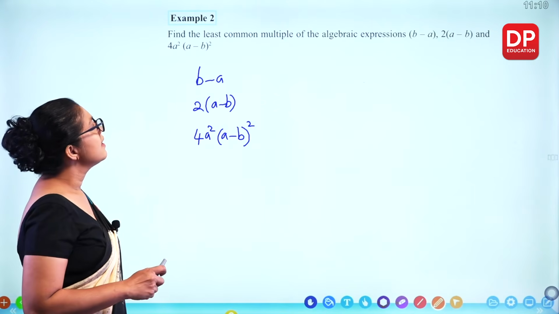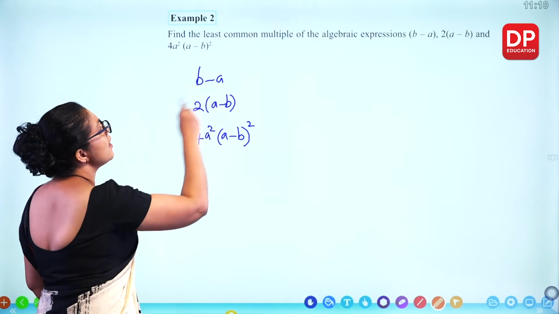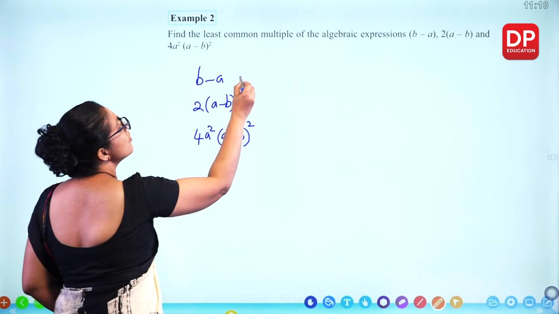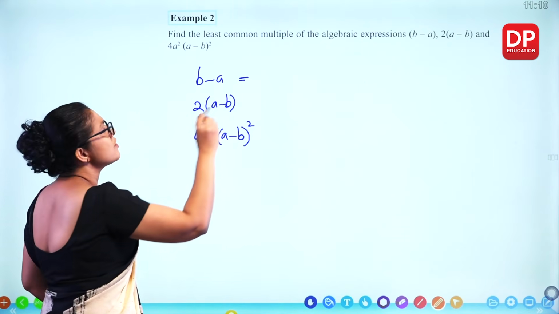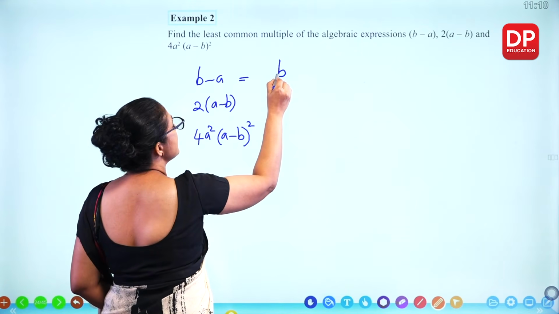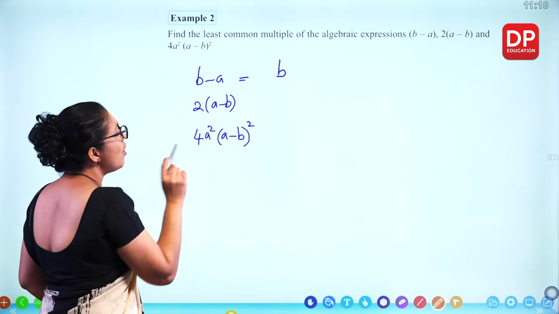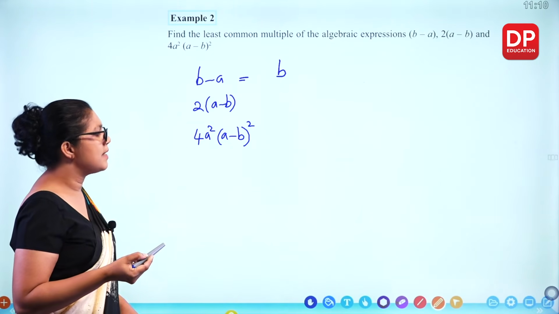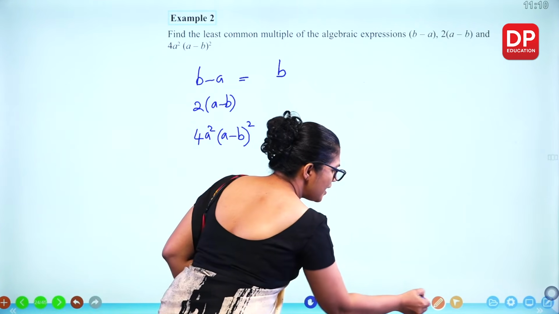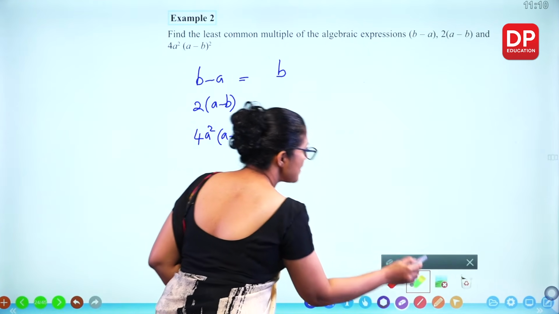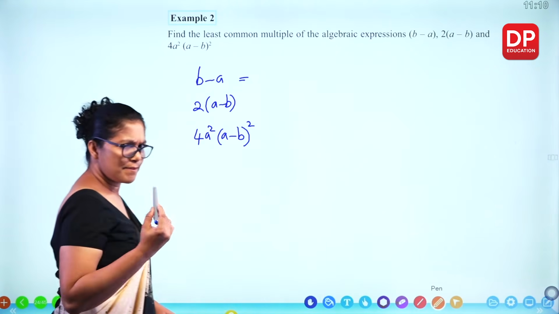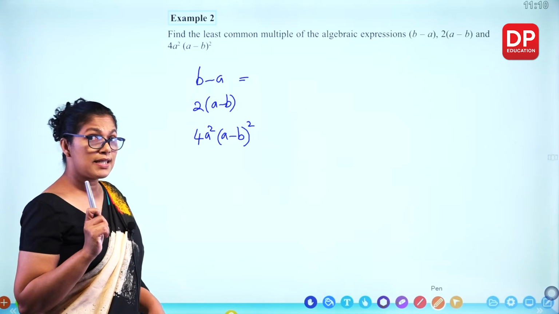Now we'll see how can we write down this one, b minus a. So no common factor, so we can write b minus a, or here look at the other two terms. It's given a minus b. Can we write down in terms of a minus b without writing b minus a? Can you remember in chapter 7?